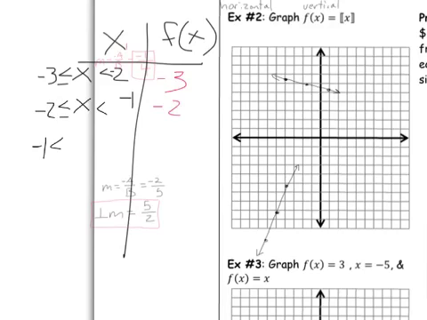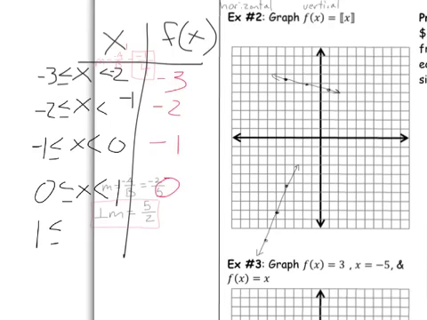And from negative 1 to 0, it's going to kick back a negative 1. And from 0 to 1, it's going to kick back a 0, right? And so on and so on. So let me fill this in just a little bit more. 1 to 2 is going to kick back a 1.